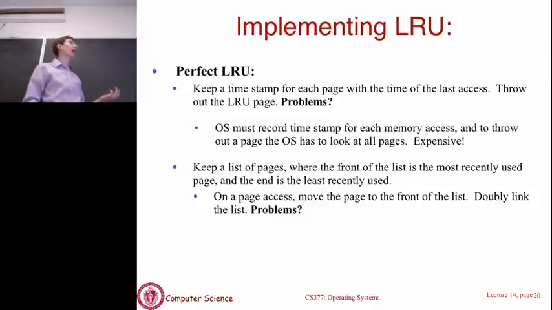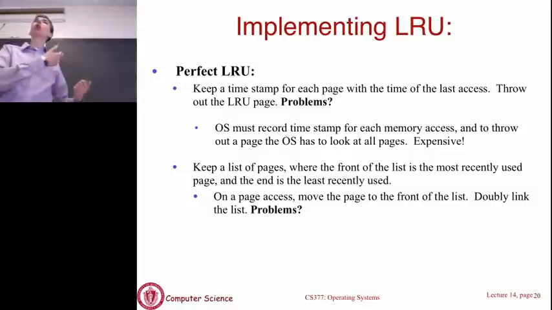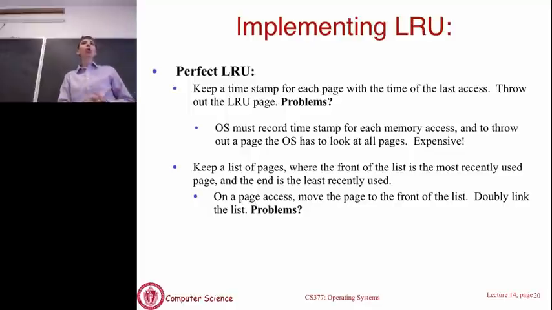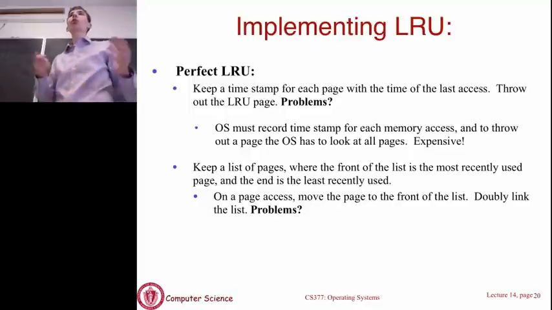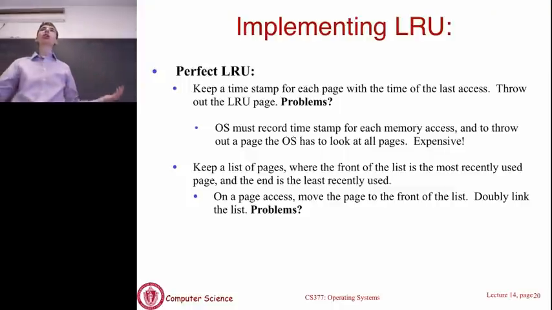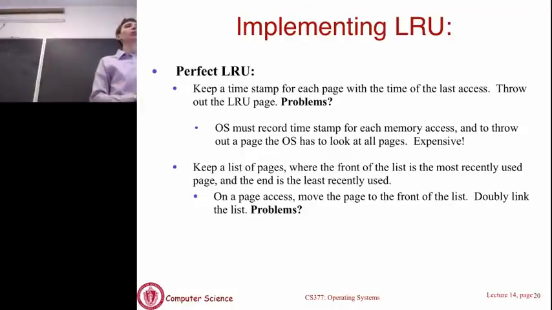Right, so every time we access a page, we're also having to record the timestamp. That might not seem like much, but remember when we were talking about page tables? Page tables are stored in memory, and we don't want to have to access the page table every time we do an address translation, because that's potentially doubling the cost of memory accesses if we have to access memory twice.